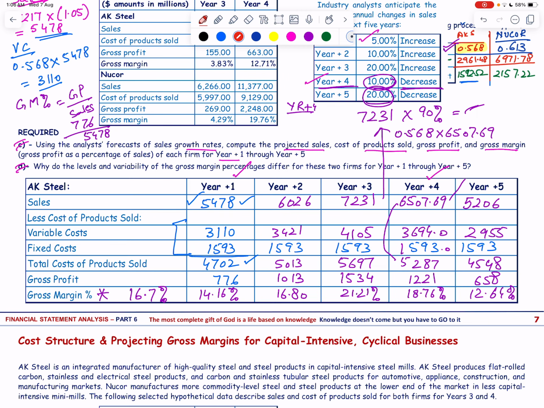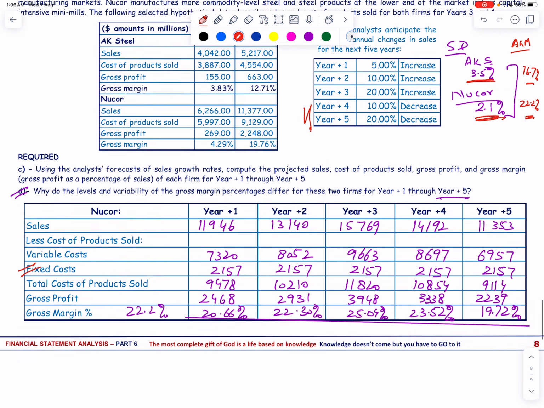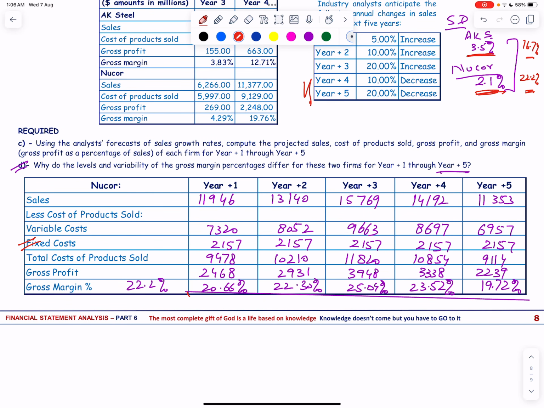For example, if the sales growth rates are the same over a period of year 1 to 3, you can see here that AK Steel's gross margin grows from 14% to 21% as the sales increase, and Nucor's gross margin grows from 20.7% to 25%.